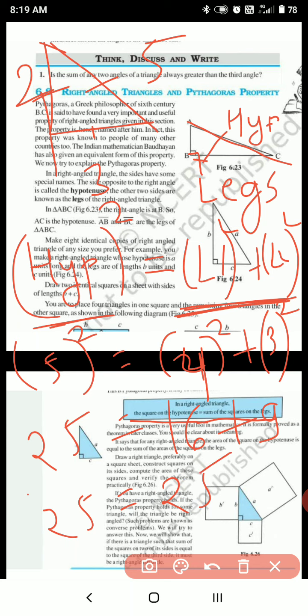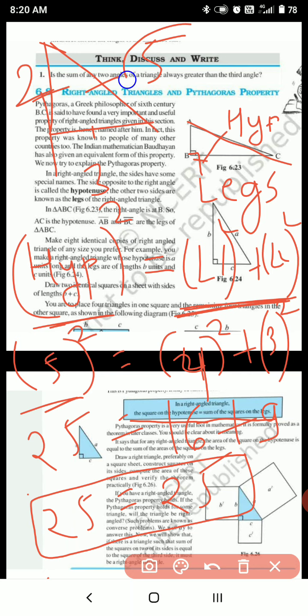You can see here that the square of the hypotenuse is equal to the sum of the squares of the legs. And what do you mean by the square? For finding the square, you have to multiply the same number with itself.